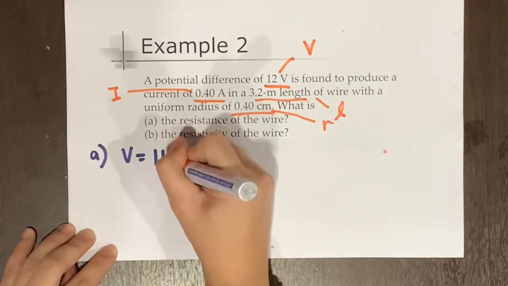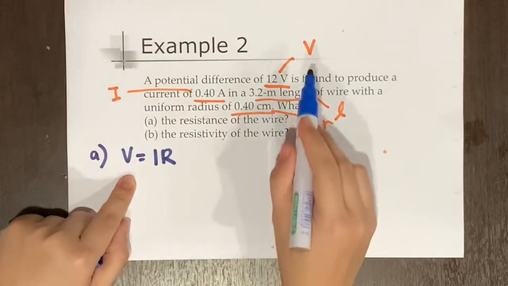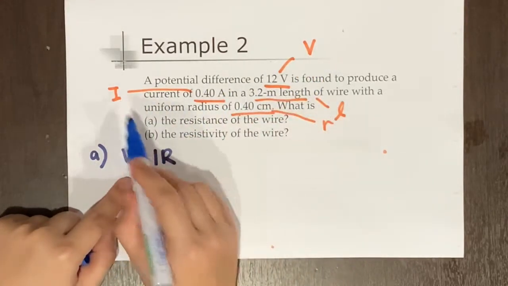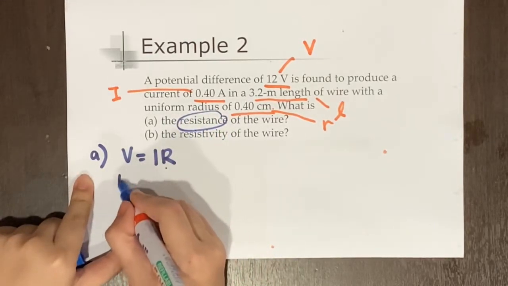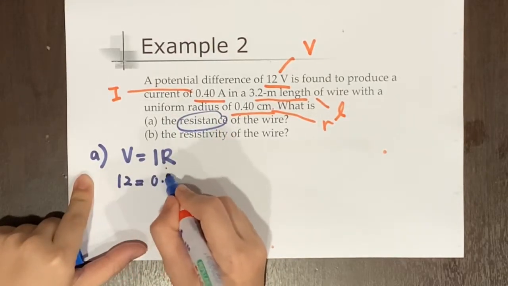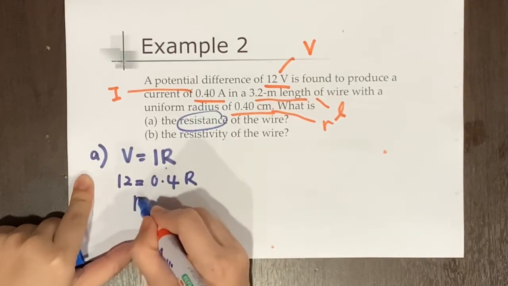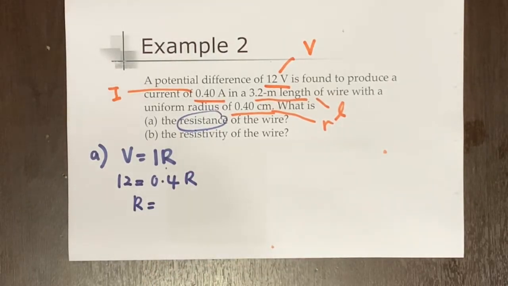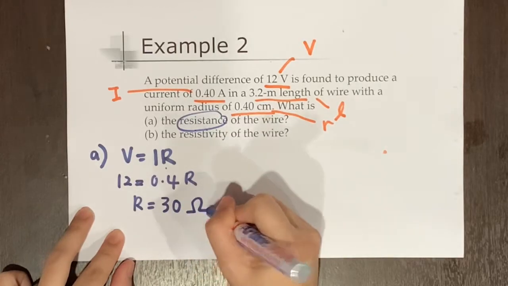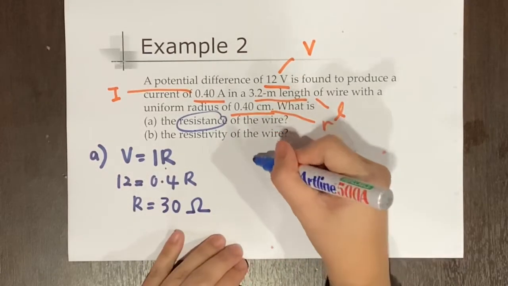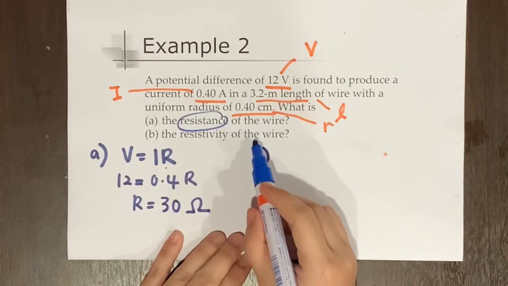V is equal to IR. Use the easiest equation. You are given V and I, so just use this to find resistance R. V is 12, current is 0.4, R you don't know, so R is equal to 30 ohm.